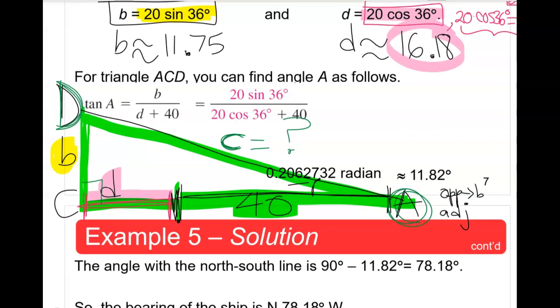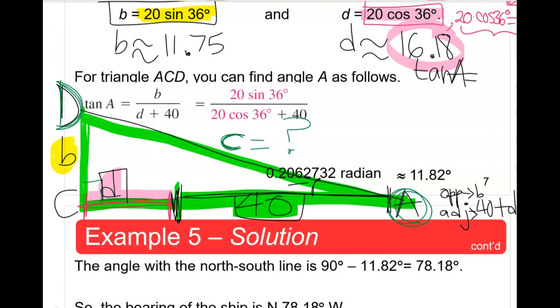And since we have an opposite side and we also have an adjacent side, and that adjacent side we know is 40 plus D. So 40 plus D, that's our adjacent side. So which trigonometric function is defined in terms of opposite and adjacent? So we have two, tangent and cotangent. It's a lot easier if we use tangent.